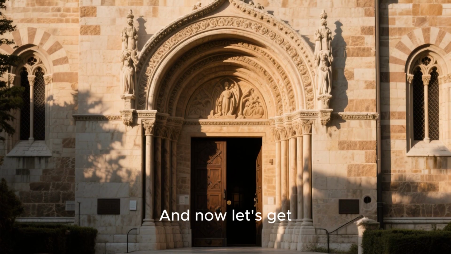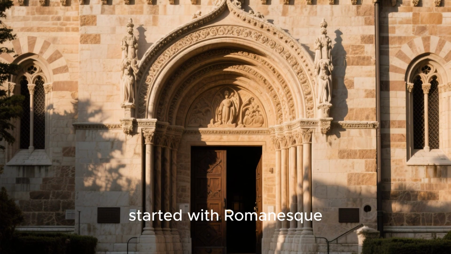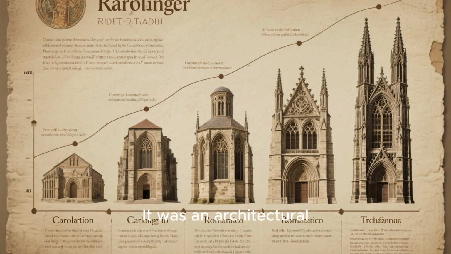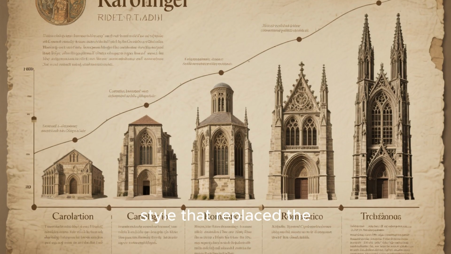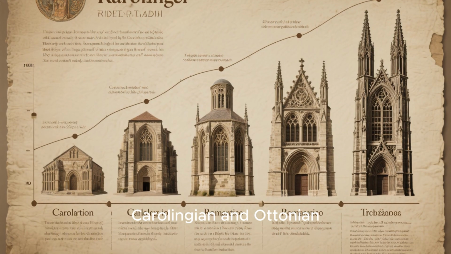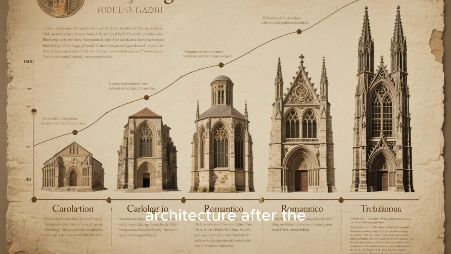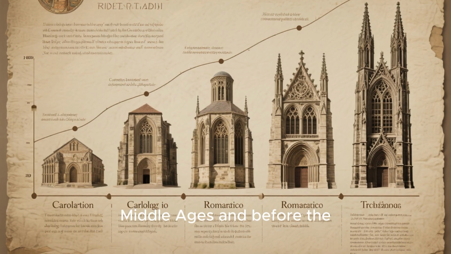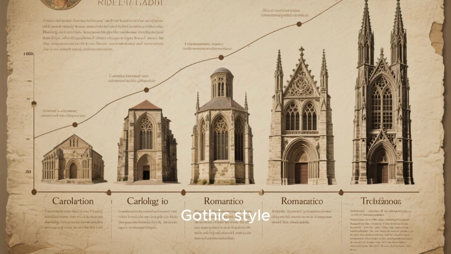And now let's get started with Romanesque architecture. It was an architectural style that replaced the Carolingian and Ottonian architecture after the Middle Ages and before the Gothic style.